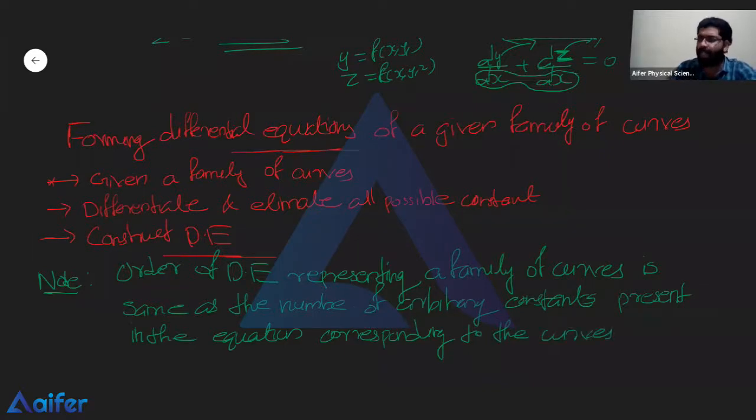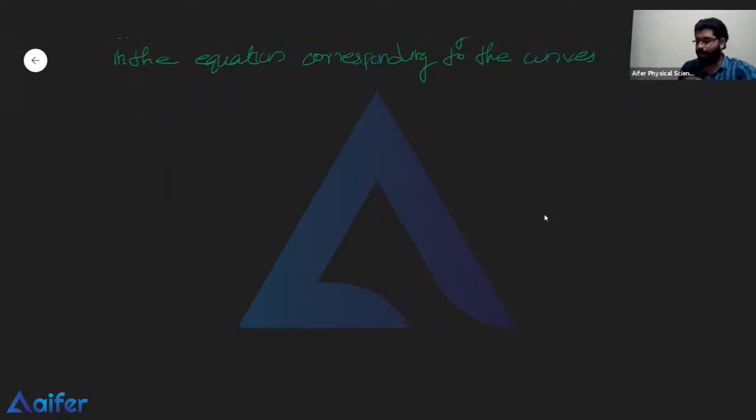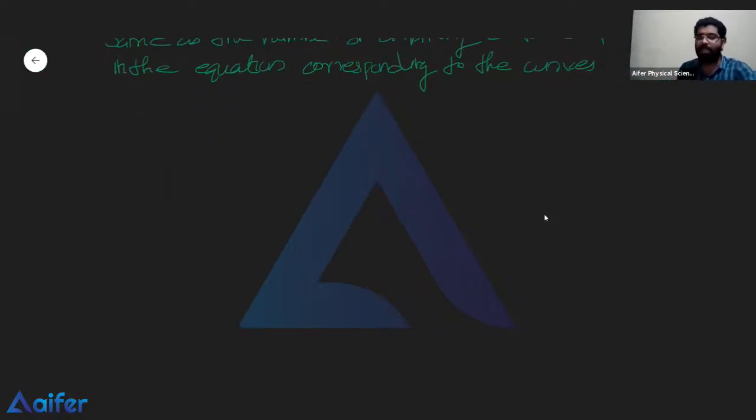If you have one constant, once you differentiate and eliminate that constant, you get a first order differential equation. If you have two constants, you will have a second order differential equation. So the number of constants is equal to the order of the differential equation corresponding to that family.